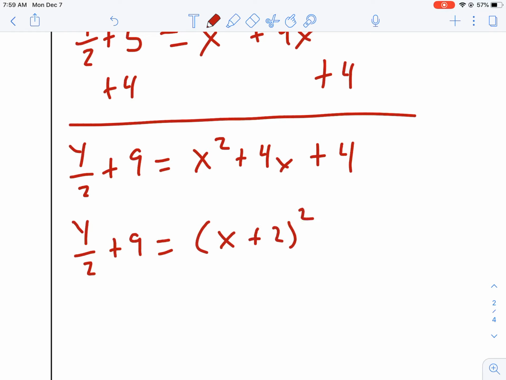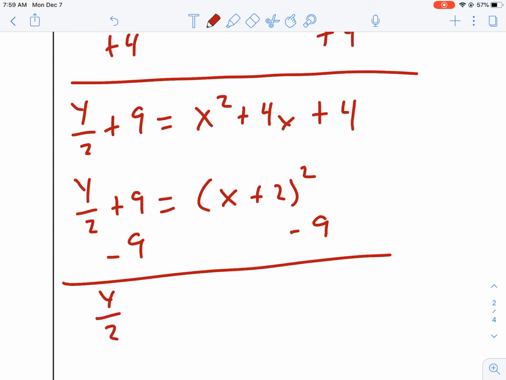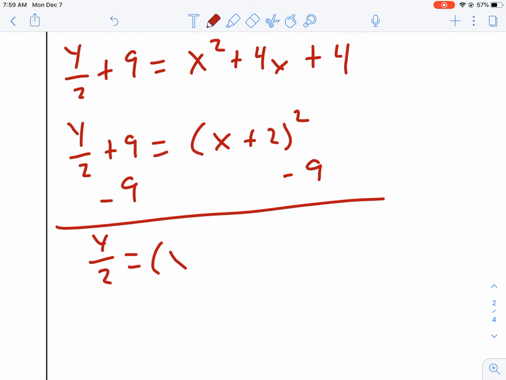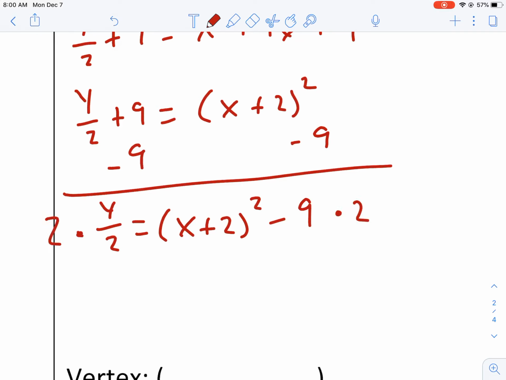Now we want to get y by itself. So we got actually 2 steps here instead of 1. So we're going to subtract the 9 over, and that's going to give us y over 2 equals (x plus 2) squared minus 9. But now we need to get that 2 out of the way, so we're actually going to multiply both sides by 2. And this is the part that I really want you to pay attention to.